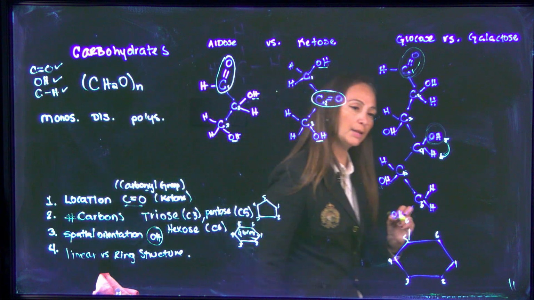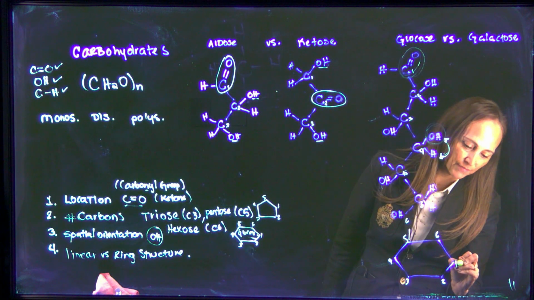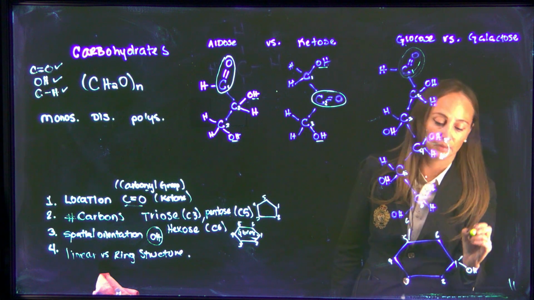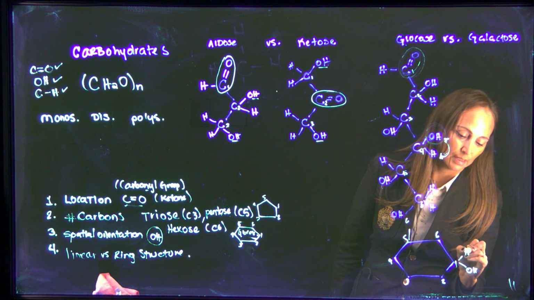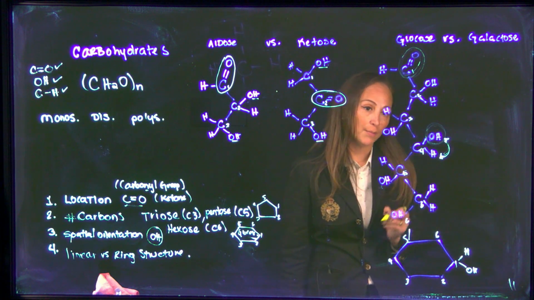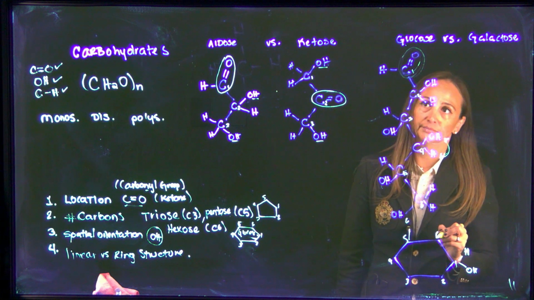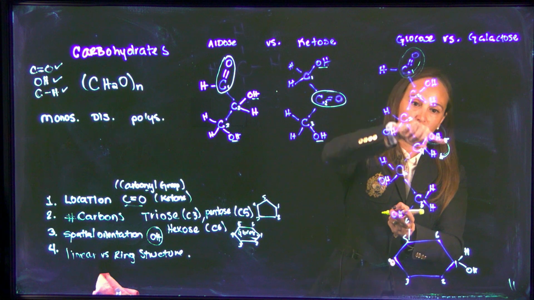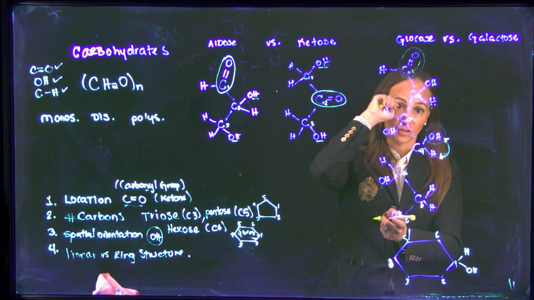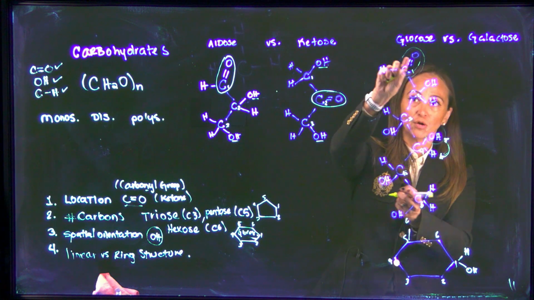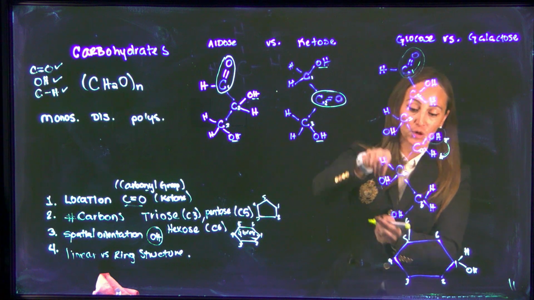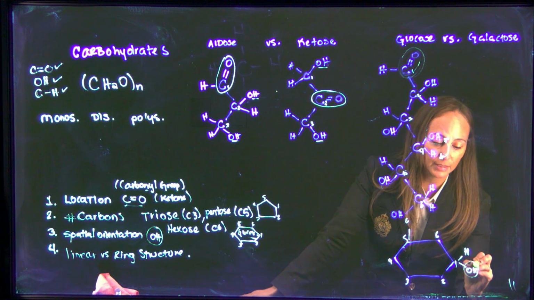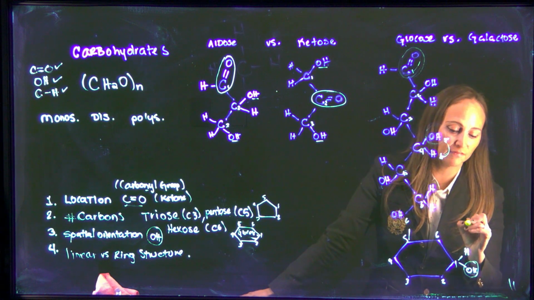So if I put that hydroxyl group facing down, I'm going to have an alpha type of glucose.